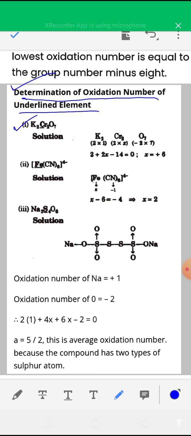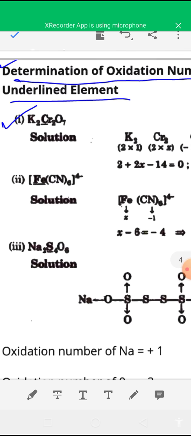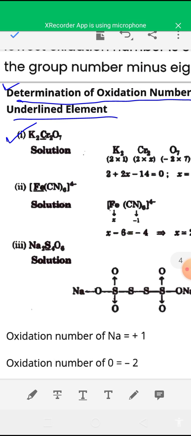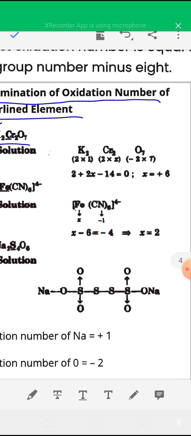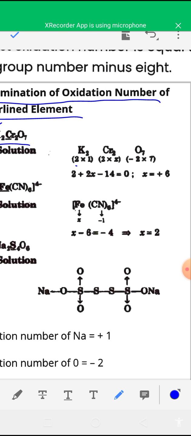So first calculate the oxidation number of chromium in K2Cr2O7. It is a neutral compound, so the sum of the charges of individual ions will be equal to 0, and you know potassium always has +1 oxidation state. You have to calculate oxidation number of chromium.